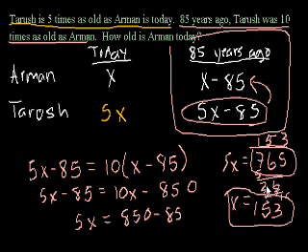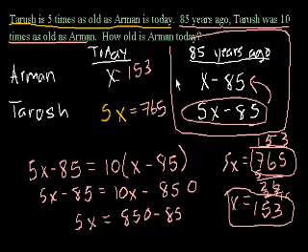So Tarush is 765 years old. And then if we go 85 years into the past, Tarush would have been, what did we say? If we go 85 years into the past, so let's write this down. This is equal to, I'm about to run out of time, so you might have to check this yourselves. If that's equal to 153, then 5x is equal to 765.